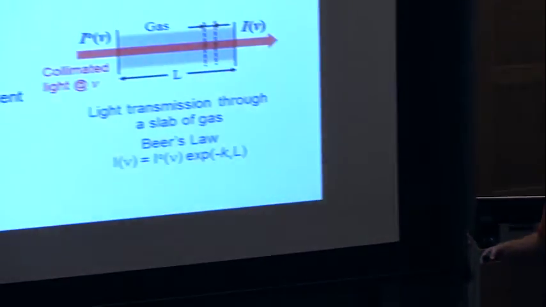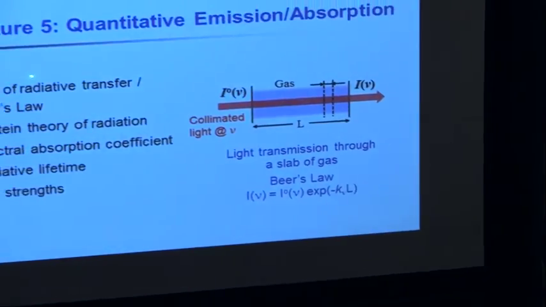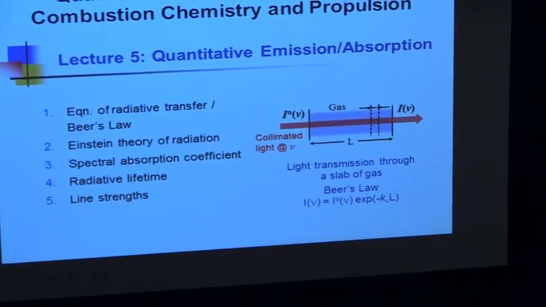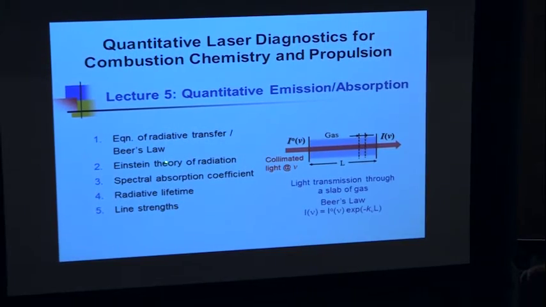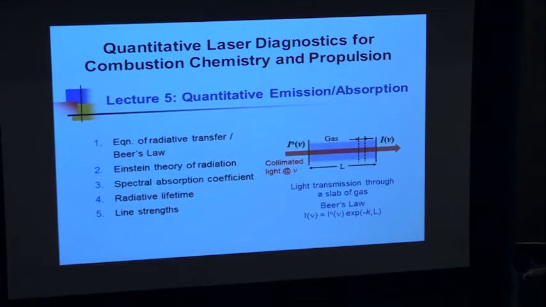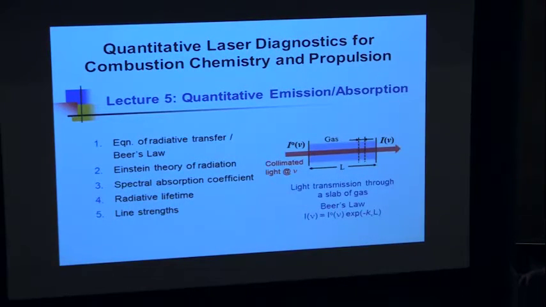Of course, Princeton was a home for Einstein for a long time, but I think he did this fundamental work back in Germany. So we're going to introduce the Einstein theory, which is the microscopic view of how we talk about radiation strengths. This will introduce the spectral absorption coefficient we need, there'll be a concept of radiative lifetime, and finally we'll talk about line strengths.